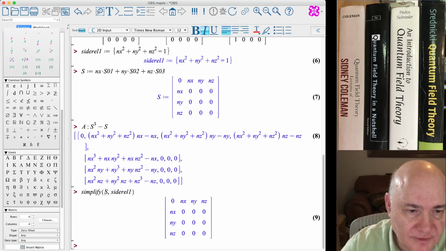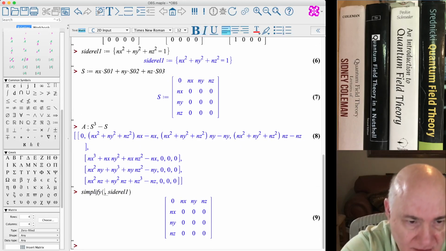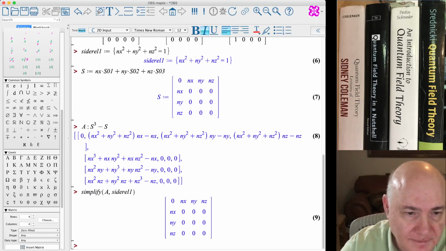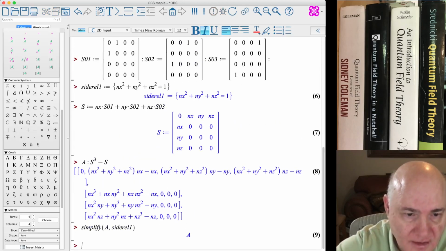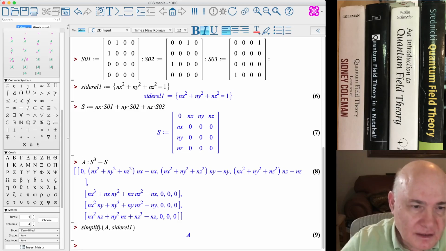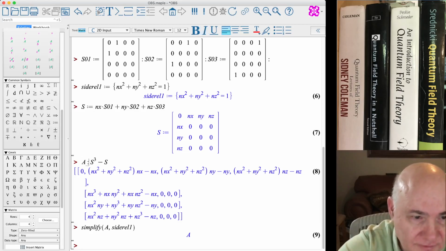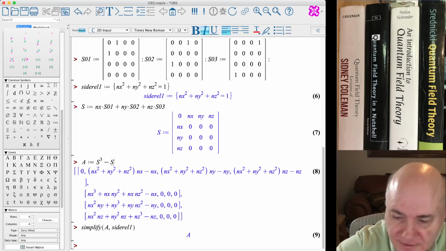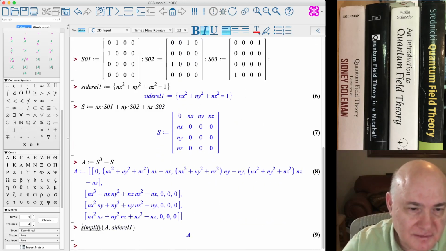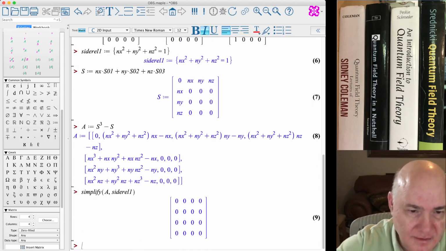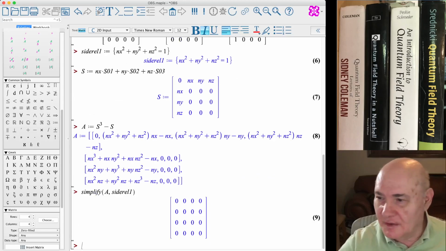Now I want to simplify A. This should be 0. This is why software takes longer than doing by hand. Okay, so that's what I wanted to show.